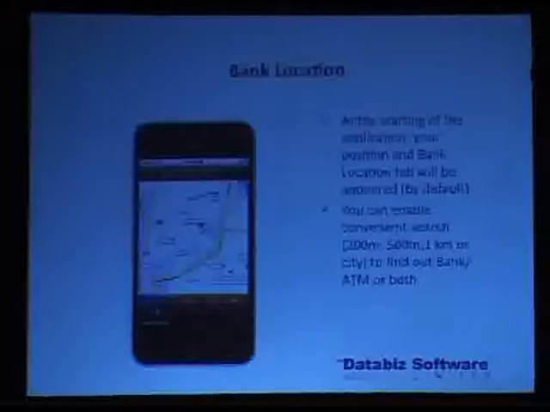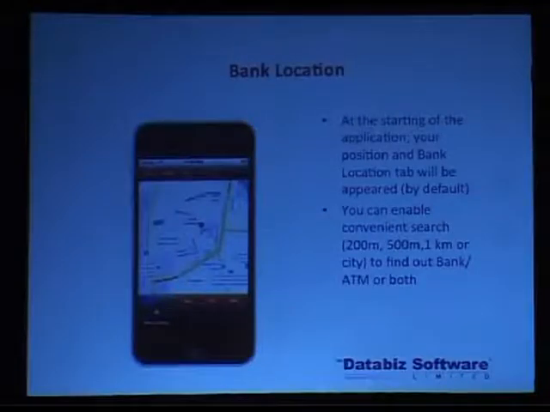And in the lower part there are bank, ATM, or booth. If you just open up the app, it will show you by default 500 meters, probably the nearest branches and ATMs nearby you. Then you can categorize, you can click the other buttons, and it will show you 200, 500, 1 kilometer, or even the whole city. So this is the first thing.